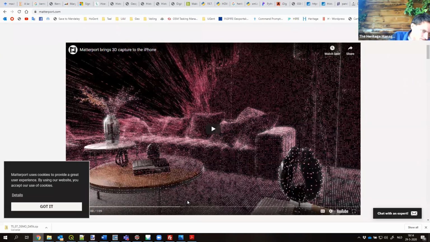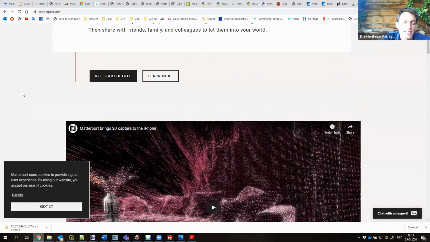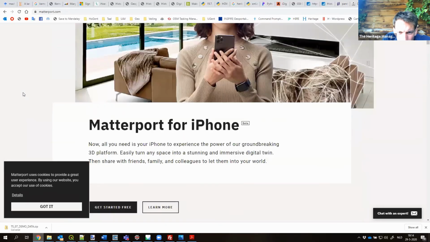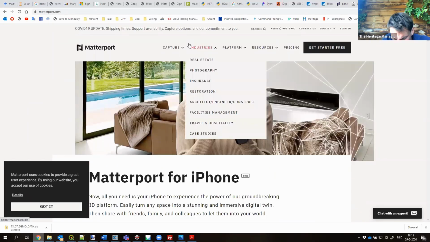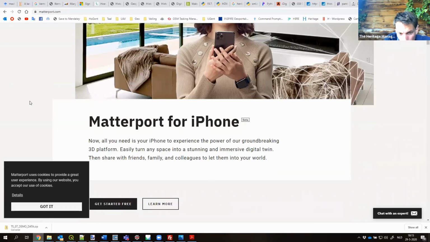However, first of all, I have no experience with these kinds of systems, but I assume that, in addition to your phone, it's only suitable for indoor environments.